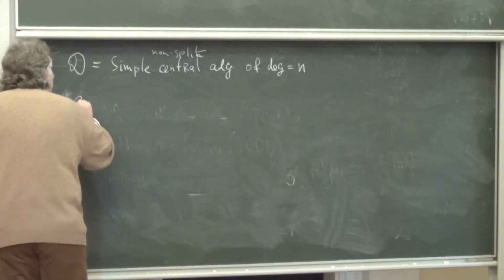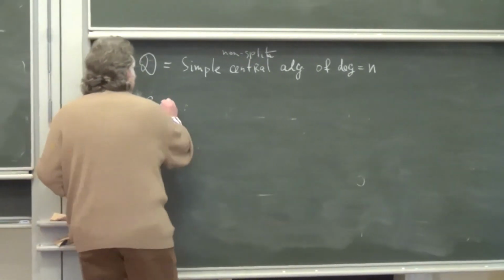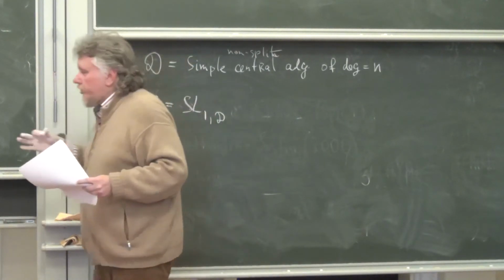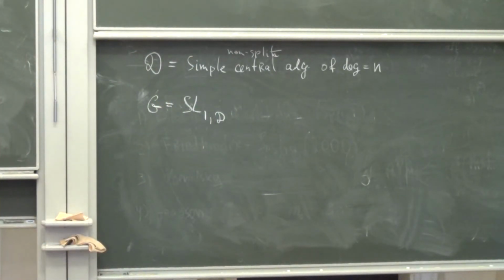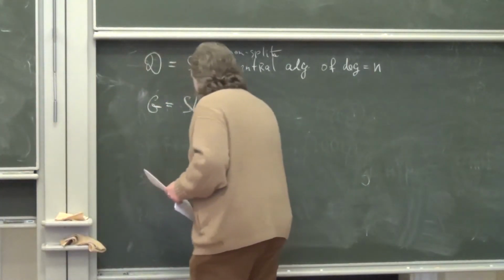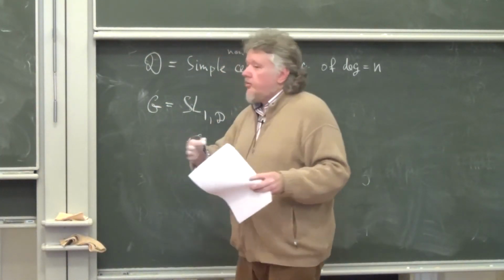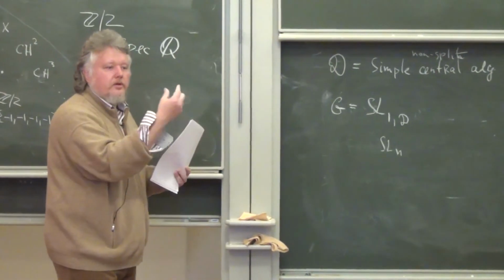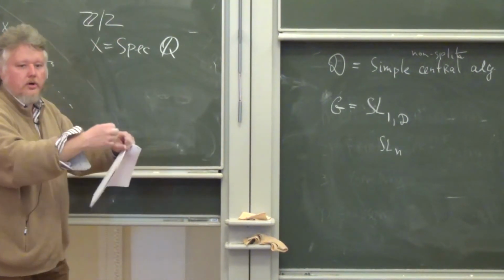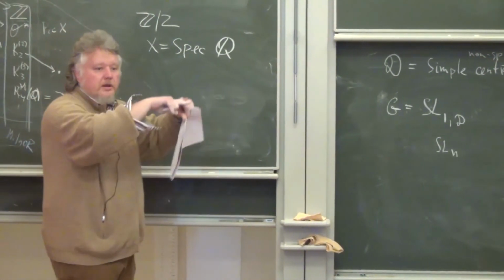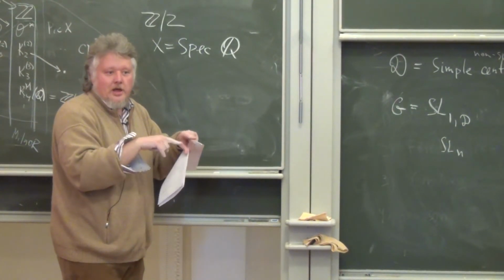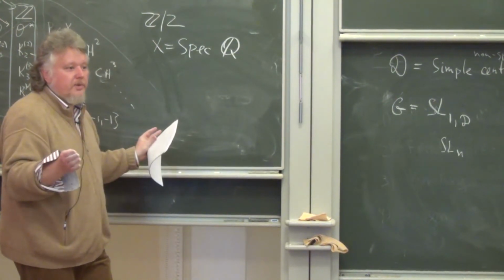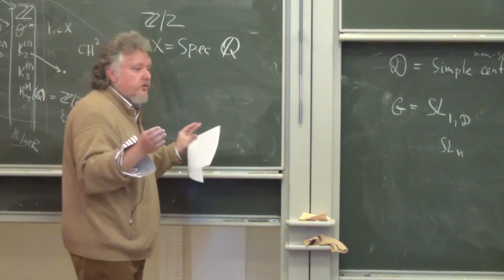Let's also take our variety G to be SL1(D). So what is SL1(D)? SL1(D) is a form of SLn. When we take an étale cover, when we pass to some étale local neighborhoods, we get nothing more than matrices, square n by n matrices, the group SL1 locally.